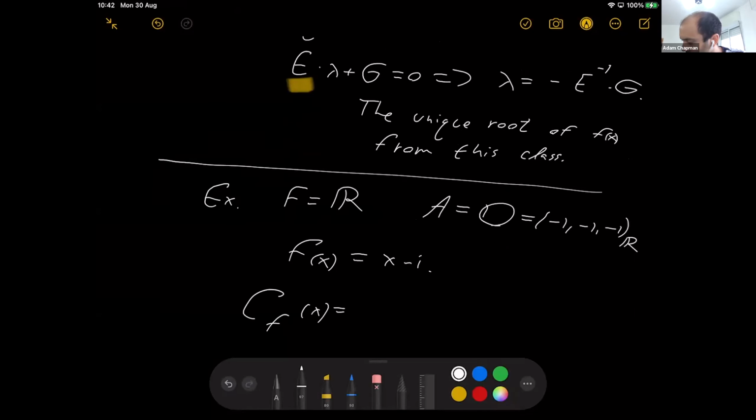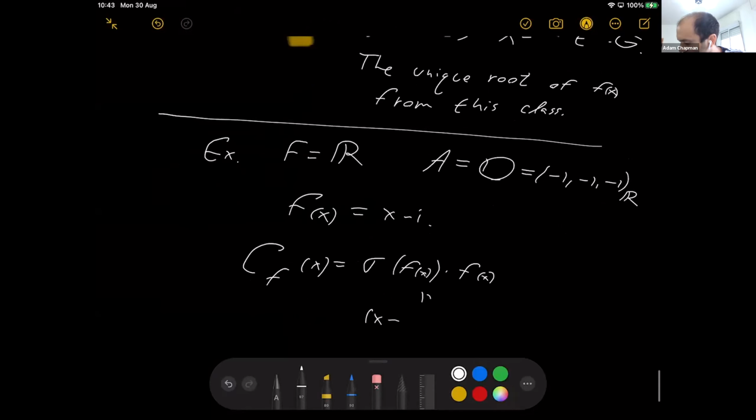CF of x, then it's sigma fx times fx. Sigma fx here is x plus I, and then you multiply by x minus I, and you get x squared plus 1. Now the roots here, it's only I, and here you have all the conjugates of I, it's infinitely many.